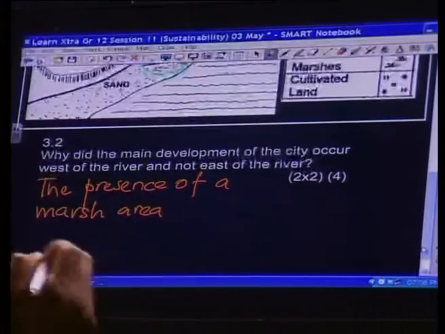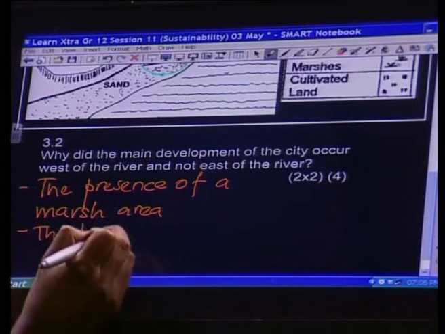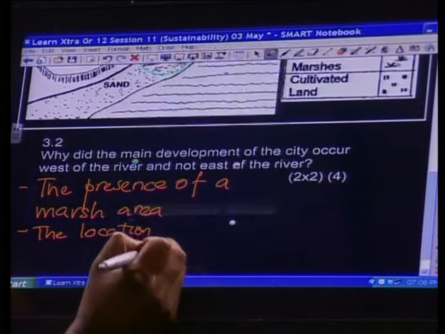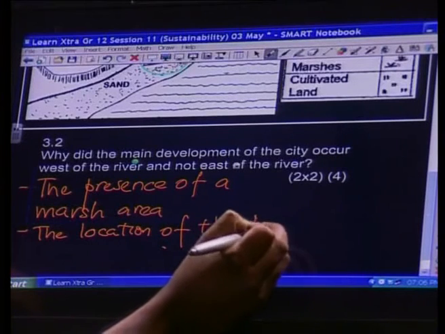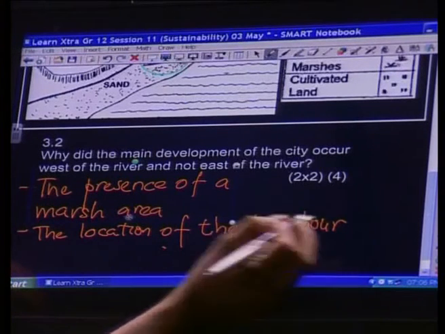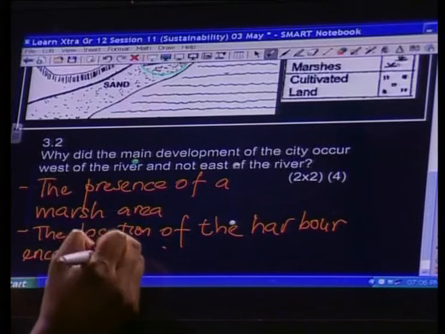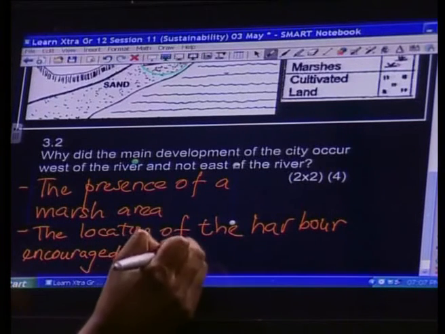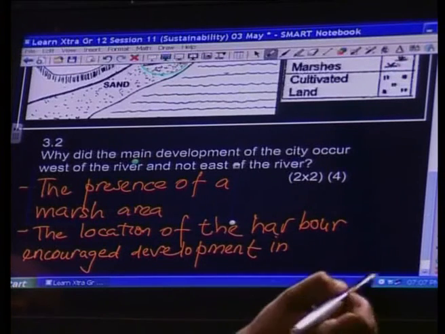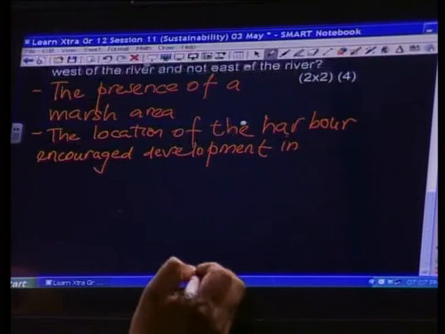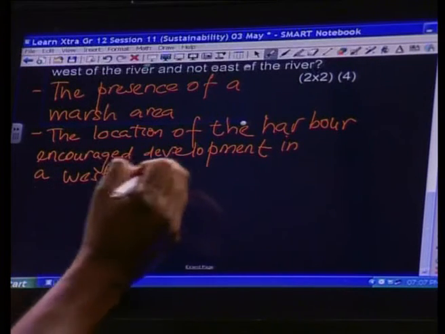Therefore, the location of the harbor encouraged development in a westerly direction.